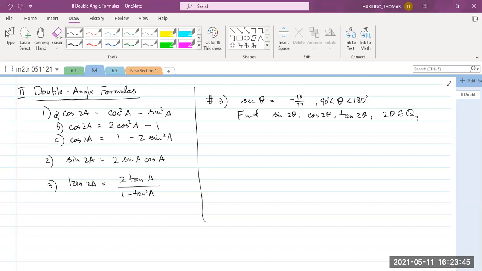Now, let's see. If I want to answer this last question first, theta is between 90 degrees and 180 degrees. So when you double it, it must be between 180 degrees and 360 degrees. In other words, for now, we know 2 theta will be in quadrant 3 or quadrant 4.